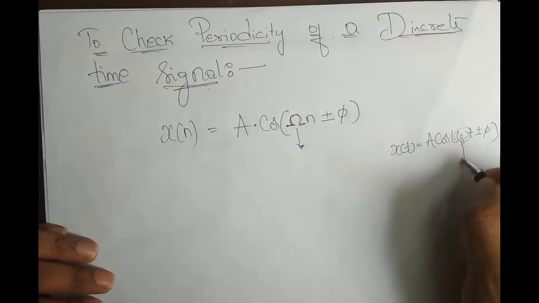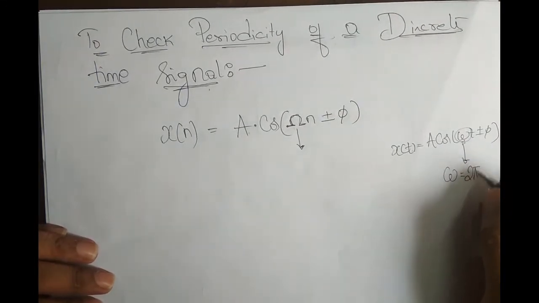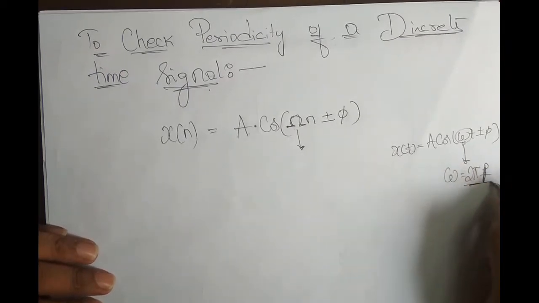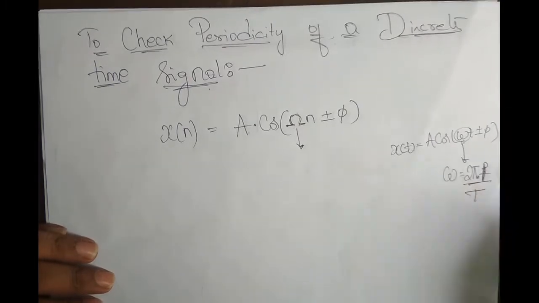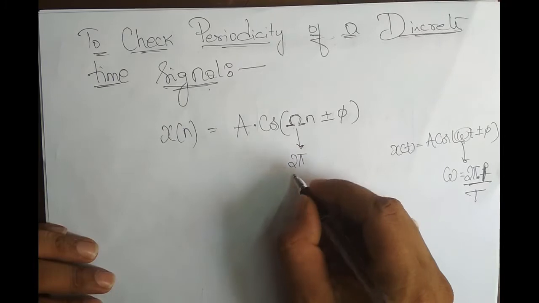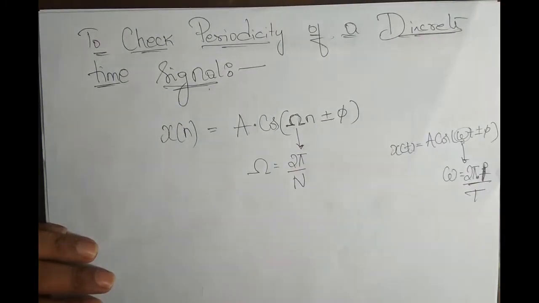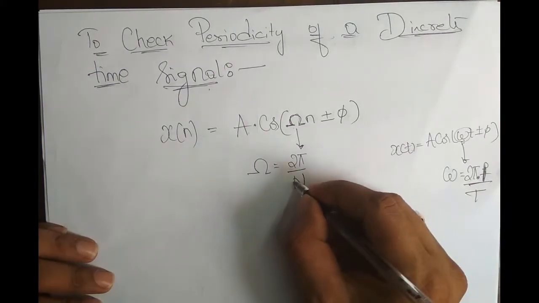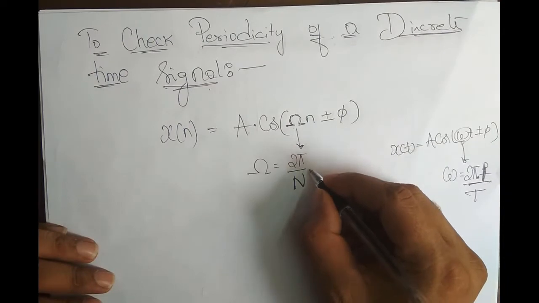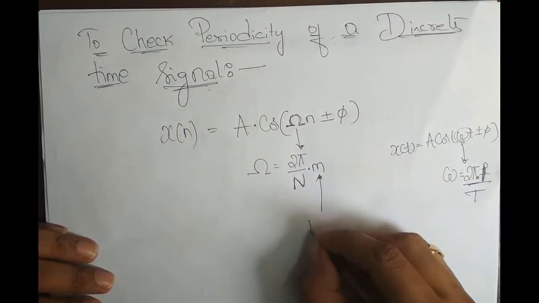So what was omega here? This omega was 2 pi f basically. But f can be written as 1 by T, so 2 pi into 1 by T. Whereas here, omega is equal to 2 pi by, instead of T, it is capital N. The fundamental period of a discrete time signal is represented with respect to capital N. So we have to put one more term m here, where m is an integer.